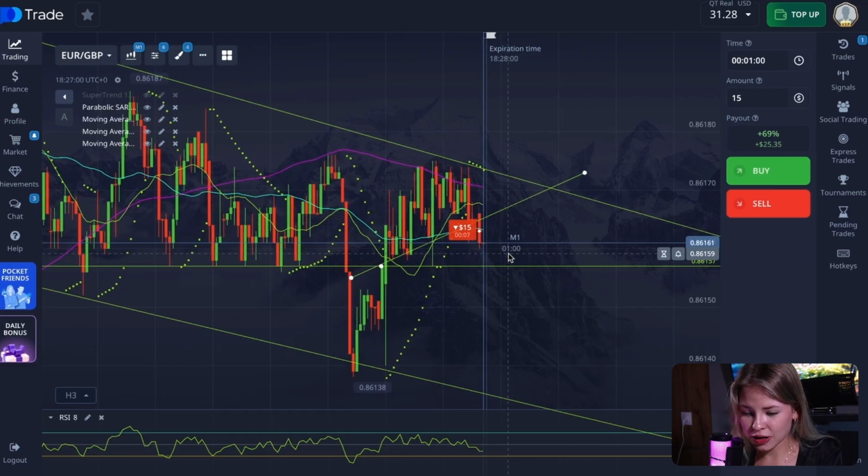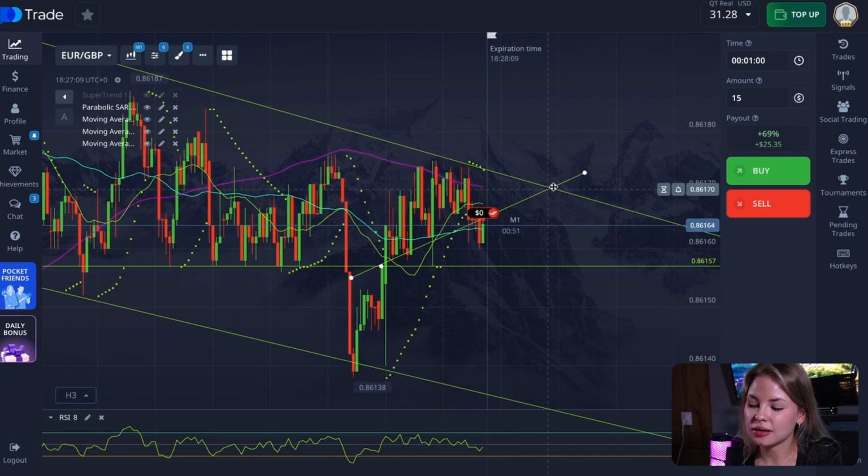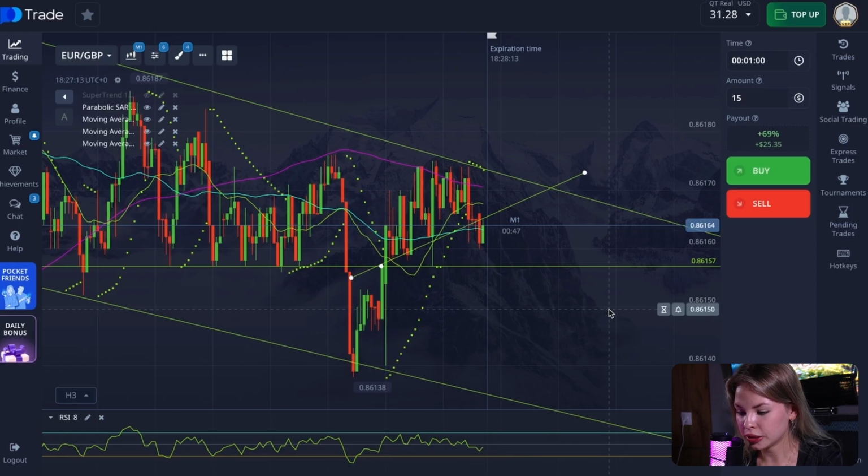And let's just hope there is no reversal. I do make mistakes too, guys. Oh my god. Damn. That stings. At the last seconds, the last green candle reaches our position and we lose $50.